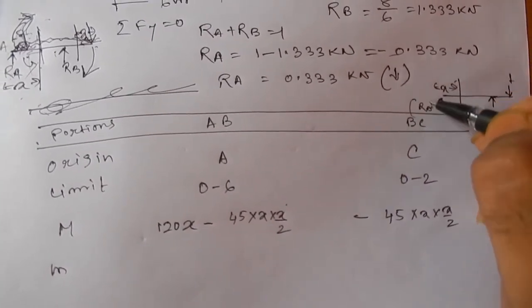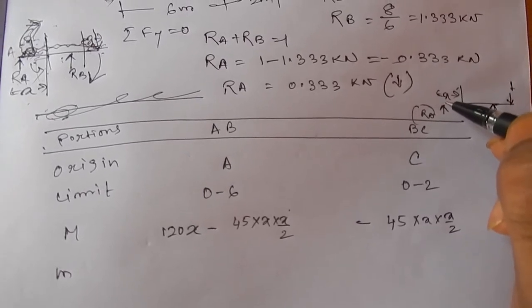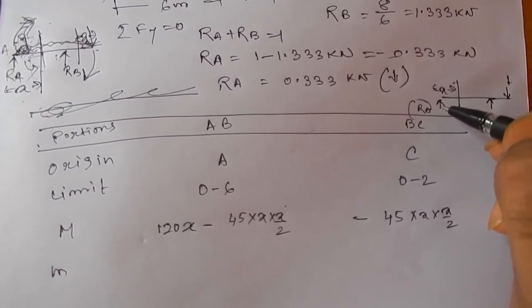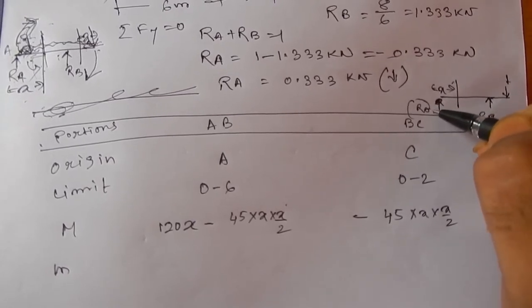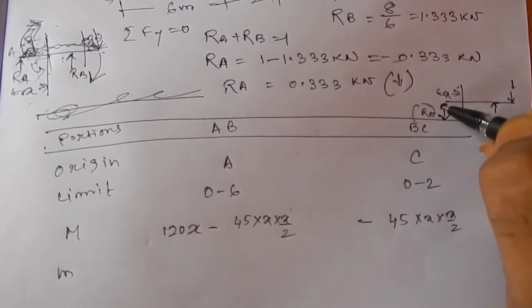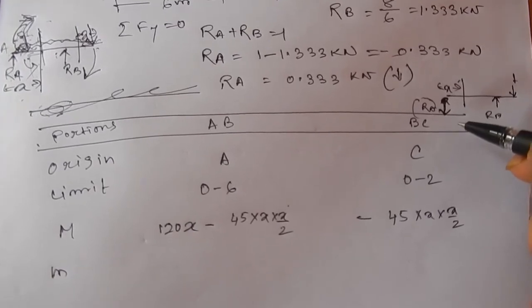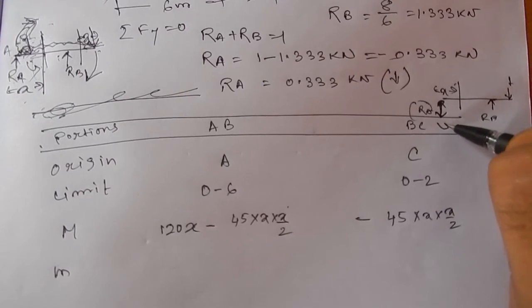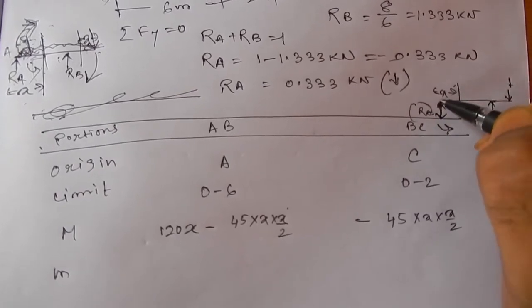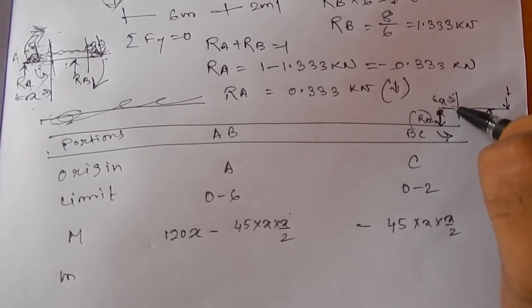Only load coming is Ra. We have seen the Ra direction is not this one, it is this one. So what will be the moment created by Ra? This Ra multiplied by the distance x.